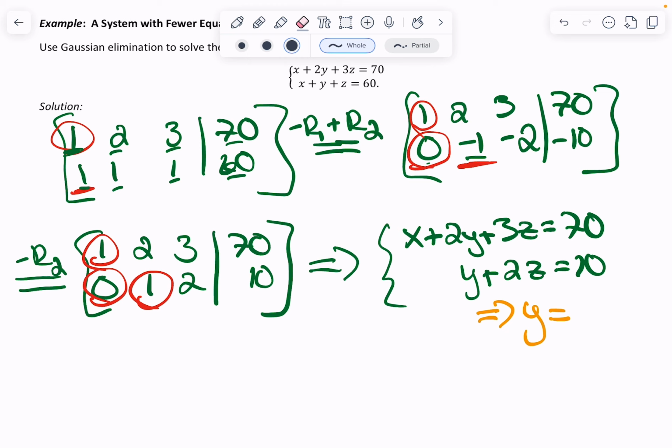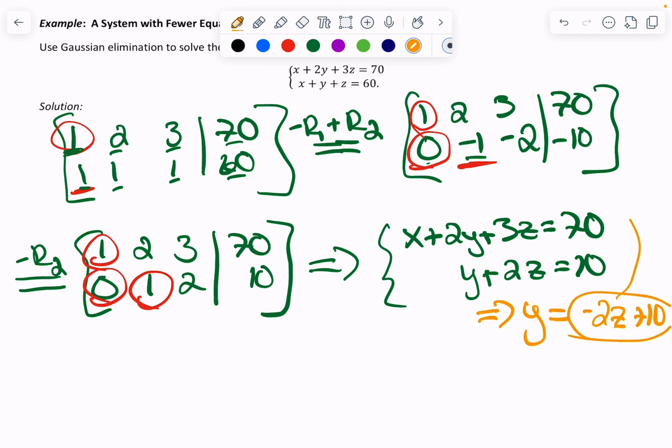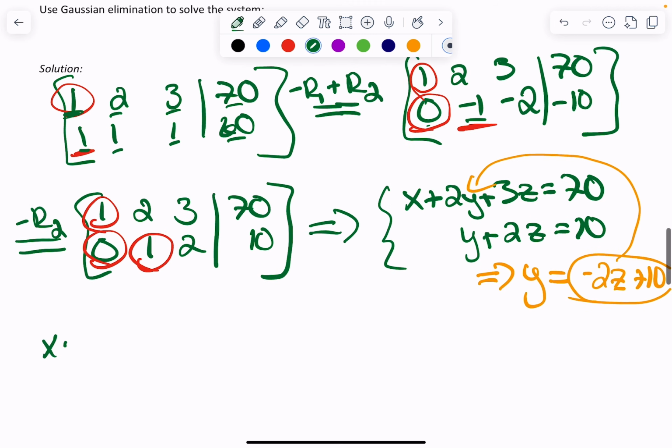So we're moving the 2z to the other side. We get negative 2z plus 10. We are plugging this in to where we have our y. So we get x plus 2 times negative 2z plus 10 plus 3z equals 70.